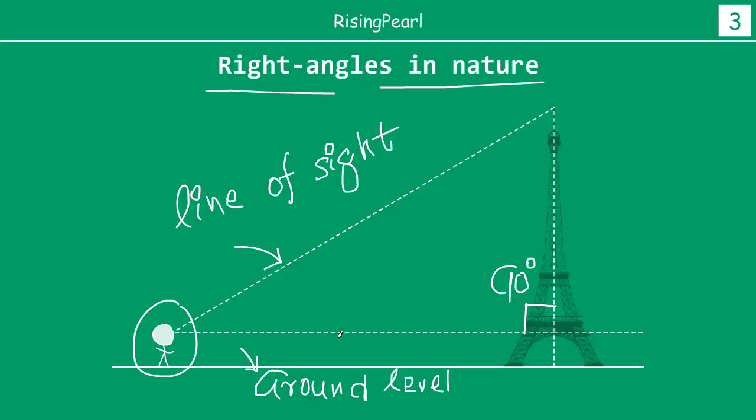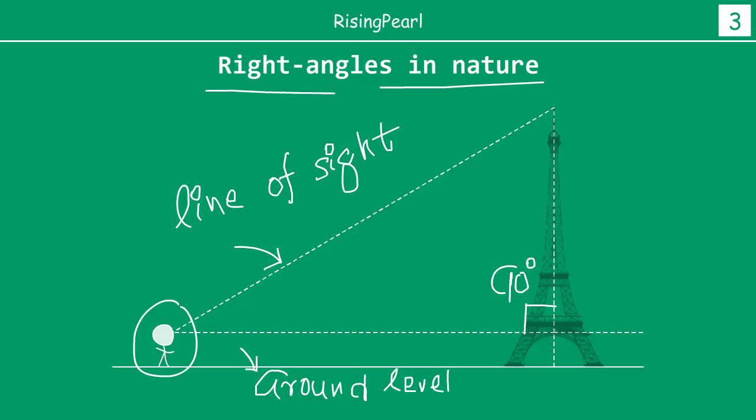Why? Because the ground level is a straight line like this, and the Eiffel Tower, or any tower for that matter, is standing straight upright. So the angle between this object and the ground is 90 degrees.